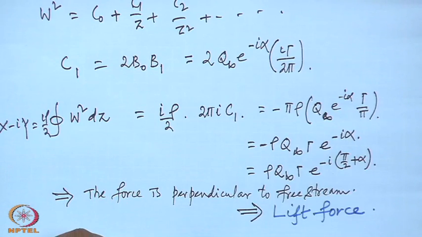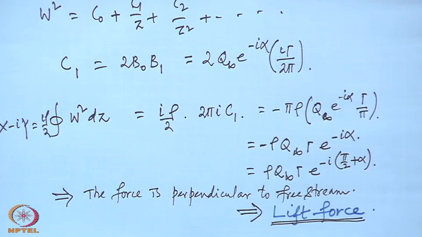And we can see again that it has now become a general case that in a 2 dimensional ideal flow, the force can be only lift force. We cannot have a drag force. A force in the direction of the flow is not possible.